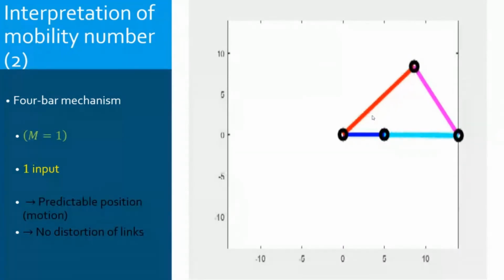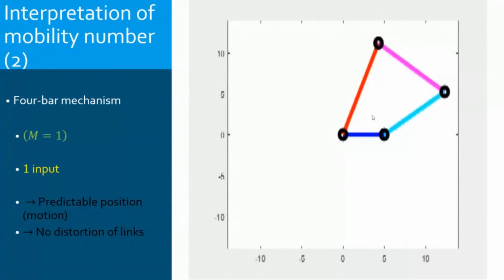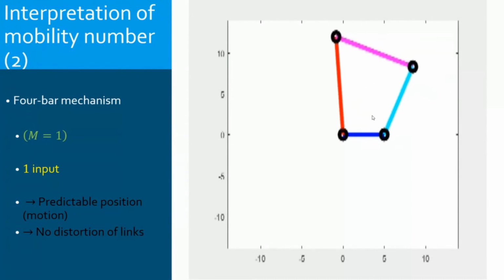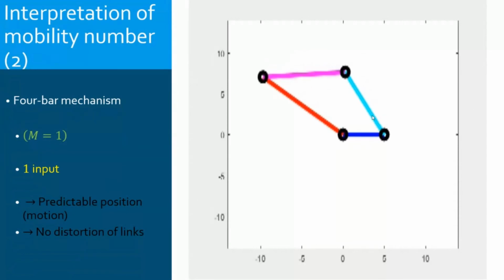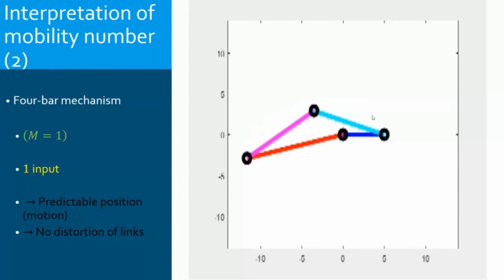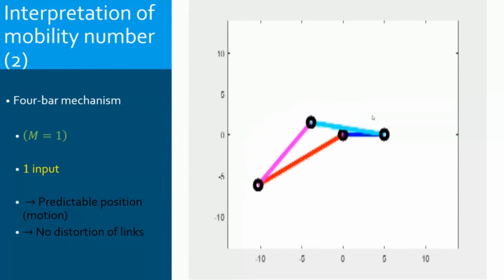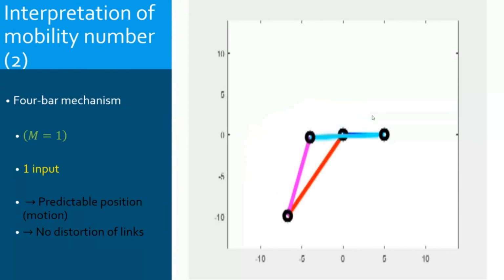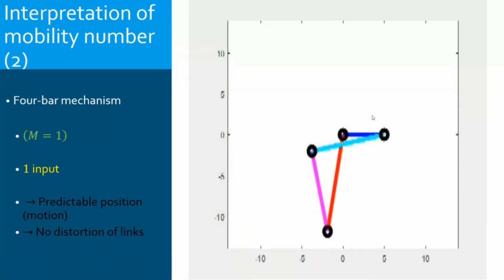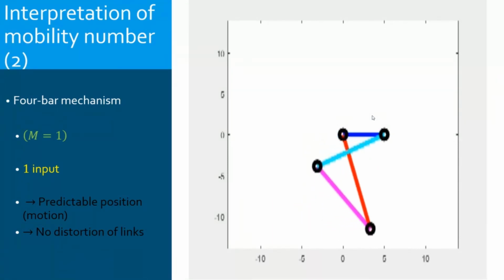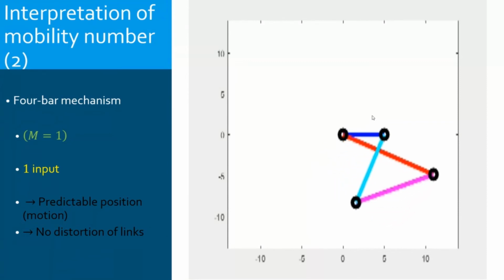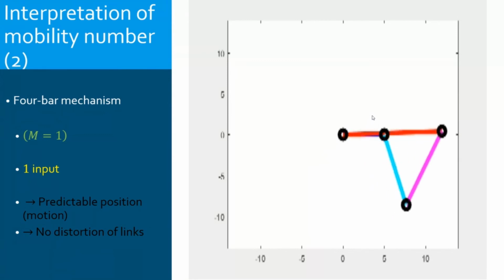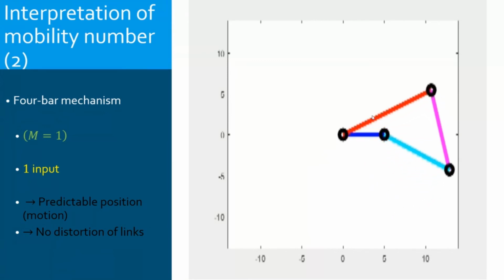The perfect case, and this is what should be done, is to control as many inputs as the mobility. In this case, you have a very predictable motion. You can know the position at any time, and you will be safe, as theoretically you will not have any distortion in your links.